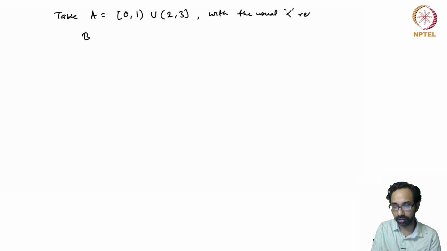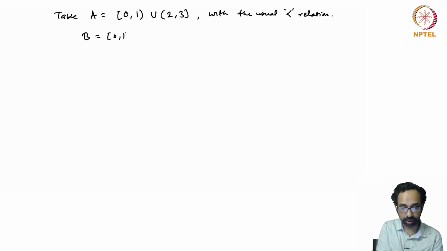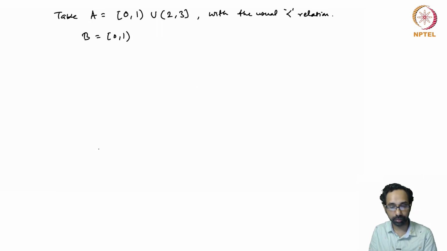So this is a simply ordered set, as you can check. And now let B be the set [0,1). So this is open at the point 1.